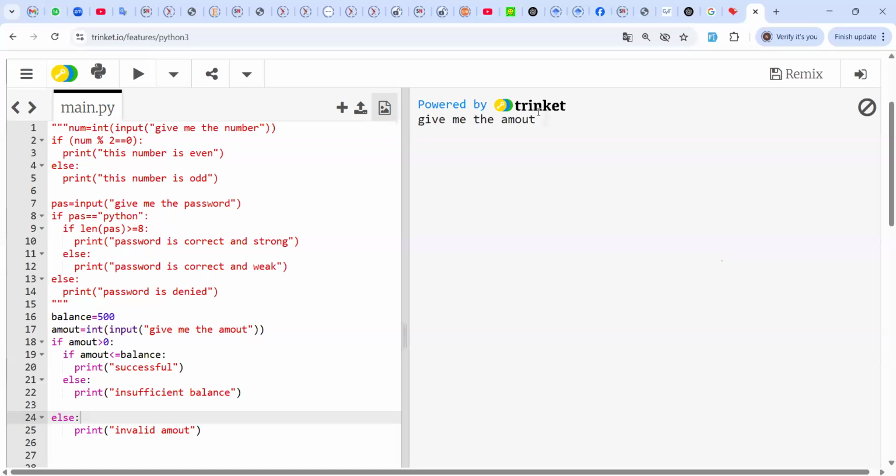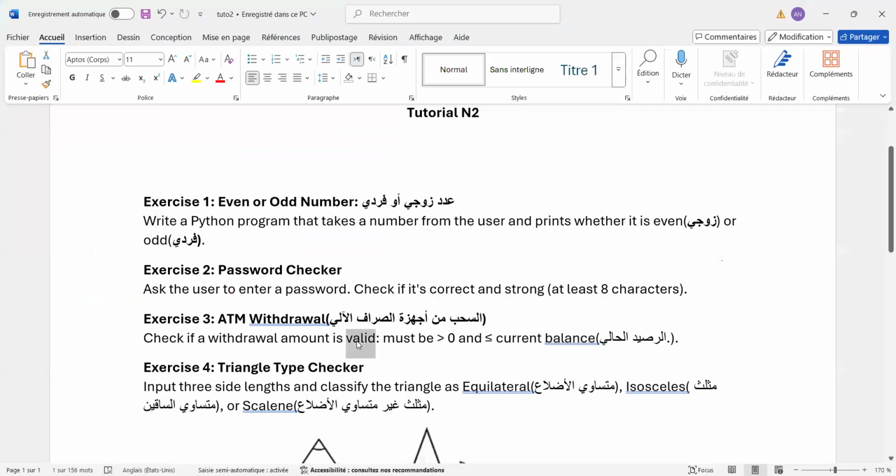Okay, it said, give me the amount. I'm going to give it, for example, 0. When I typed 0, it told me invalid amount, because our amount is equal to 0, so it is invalid.